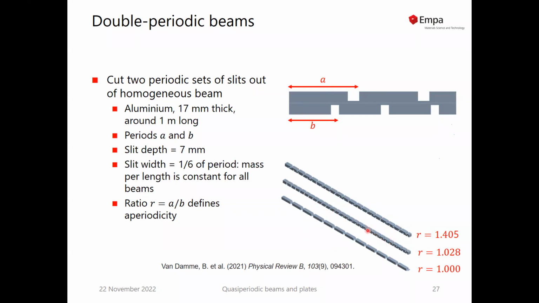So here we have also an almost periodic part, but with a thick section on top and on the bottom that are completely out of phase. And then if you take a ratio that is far away from any nice rational number, then you get beams that change very quickly. You really cannot recognize any kind of unit cell within the length of this beam.